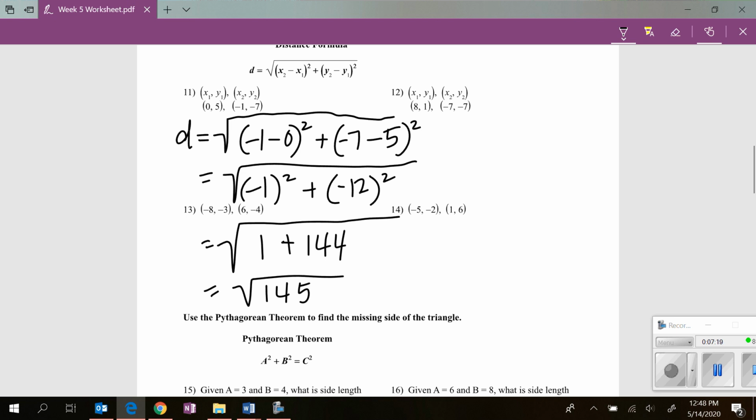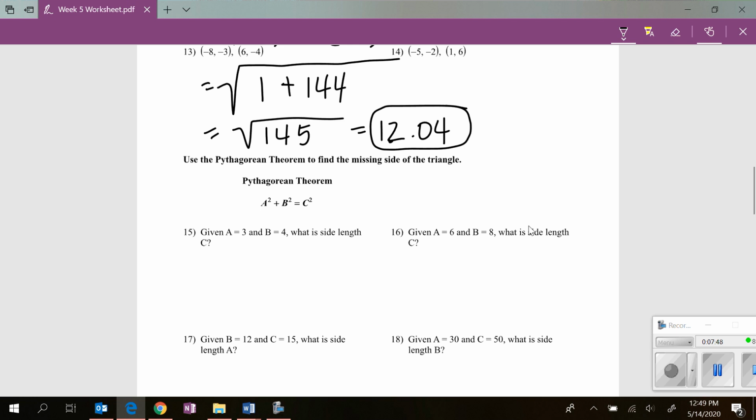And I'm kind of stuck there, right? You've got your square root of 145, and maybe you put it into your calculator and notice you've got a long decimal that is 12.04. I'm going to round to the nearest hundredth there. And you are done, okay?